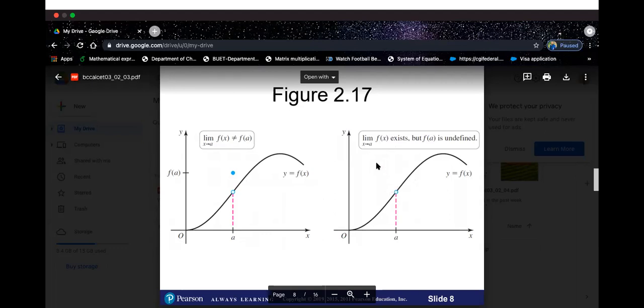That means it's giving us the same values for left and right-sided limits. And that's why the limit exists. But we don't have a defined value there. In the first graph, we had a defined value for A. For this graph, we don't have a defined value for A. But the limit still exists.